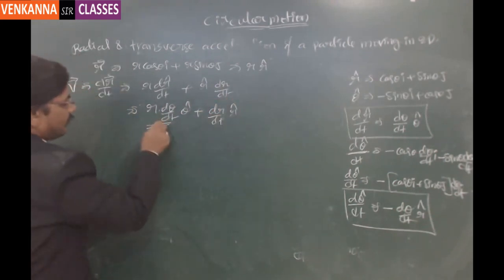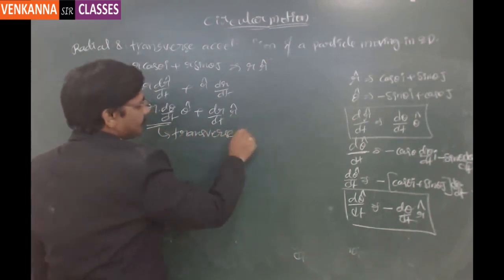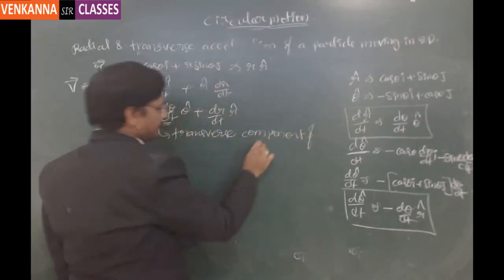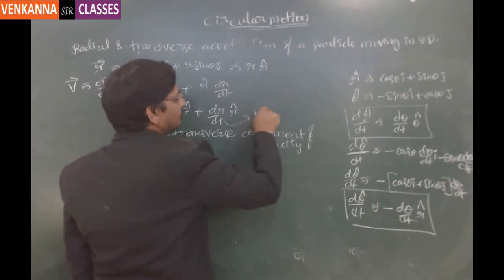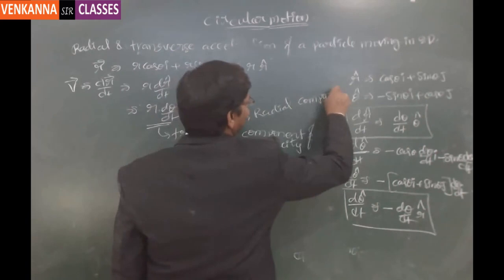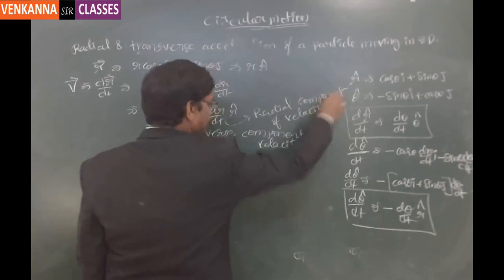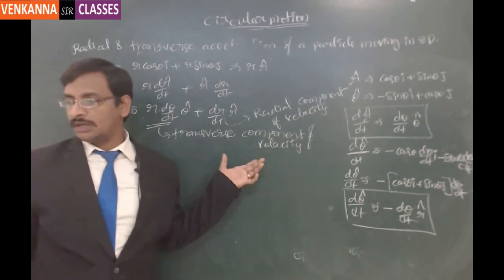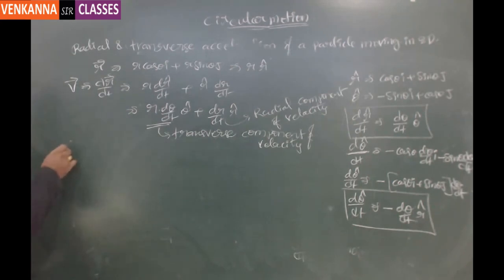So this is the transverse component of velocity, and this is the radial component of the velocity. So these are the two important components which we have got already. So the velocity part is done. Now the acceleration part, so this is dv by dt.